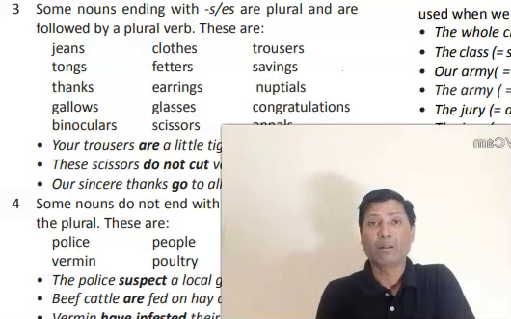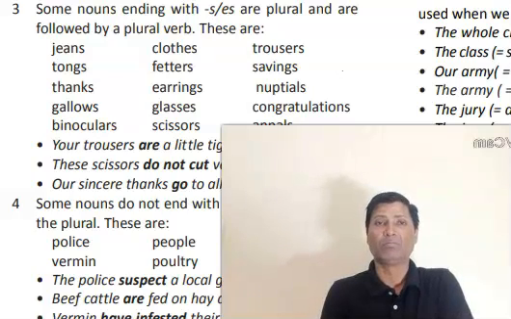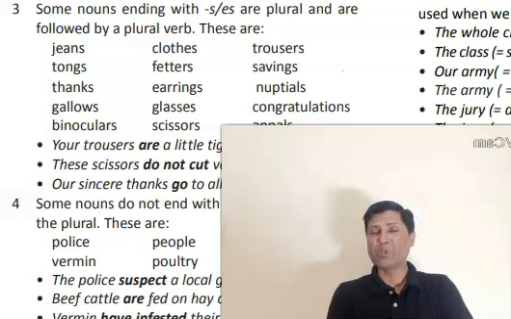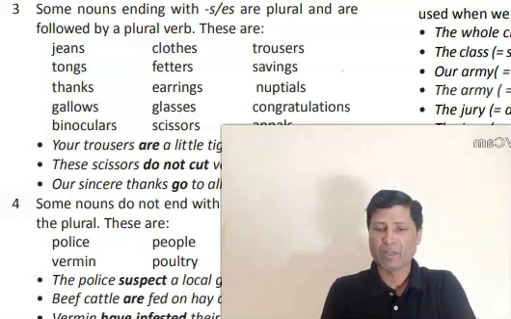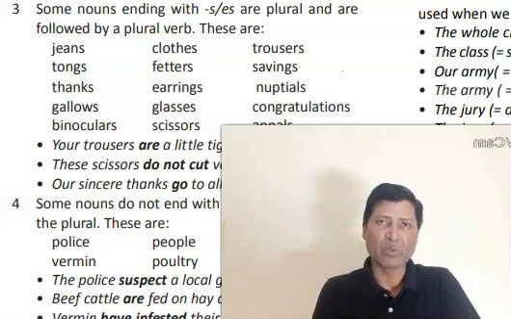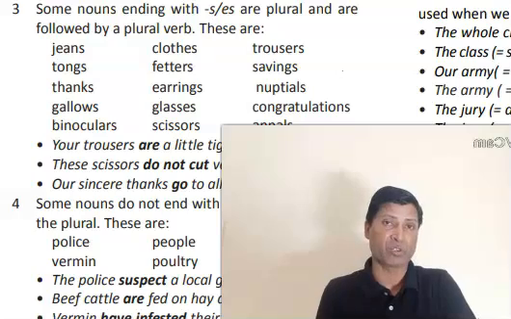Again, this rule is different from the previous rule. What is happening here? What is the difference? In rule number 2, I have included a group of nouns that are ending with S or ES, but they are followed by a singular verb when they are used as a subject.